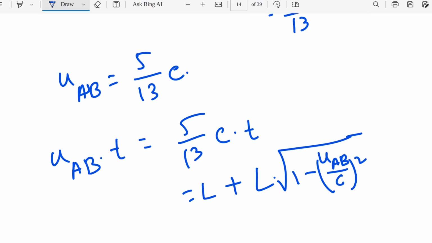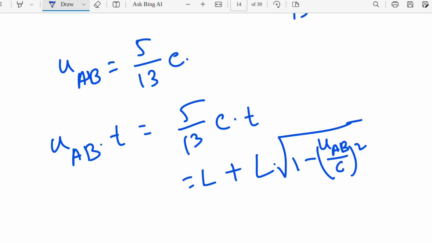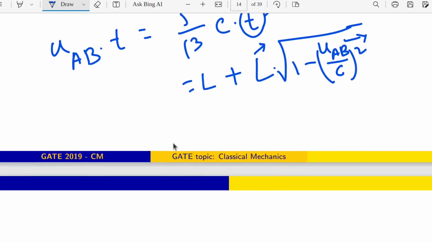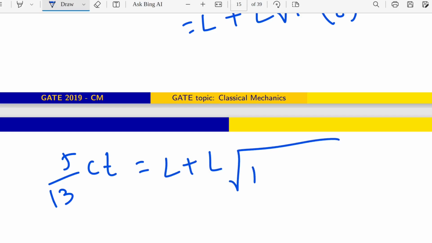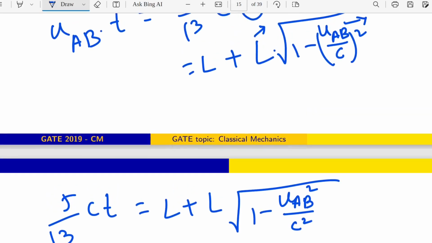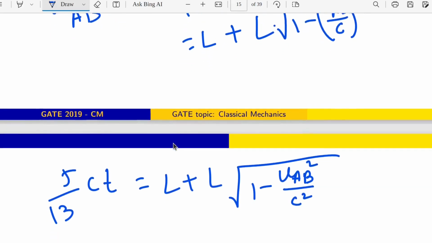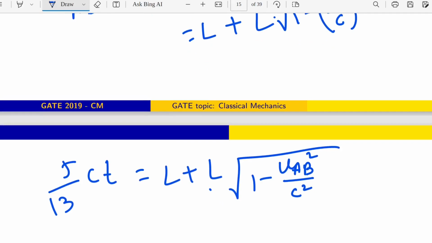So this will be the expression, and from it we know the UAB value and the L value, and we are going to calculate the T value. So 5 by 13 into C into T equals L plus L into root over 1 minus UAB square by C square. This is coming due to the length contraction.